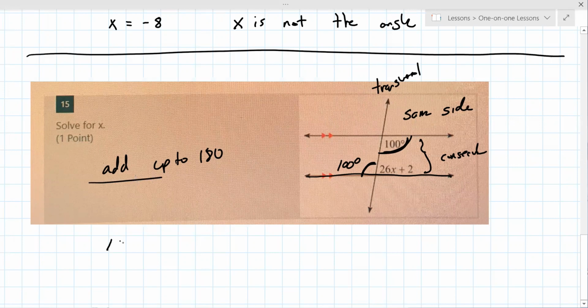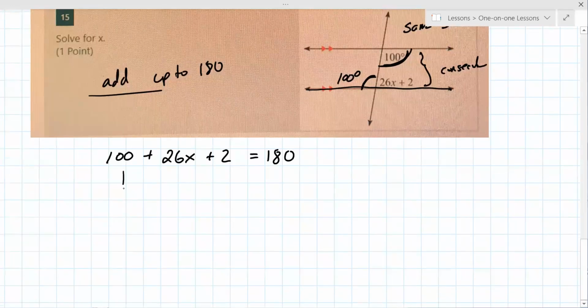So we know that 100 plus 26x plus 2 has to equal 180. We're going to solve for x. To do that, let's combine these like terms first. So that's 102 plus 26x equals 180.